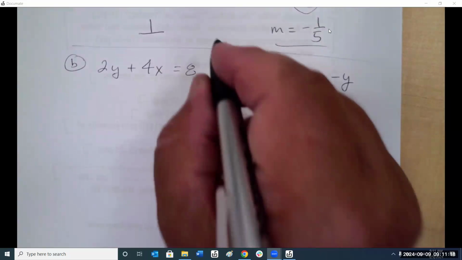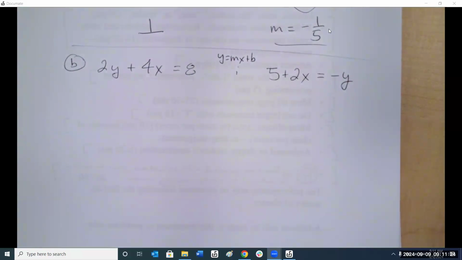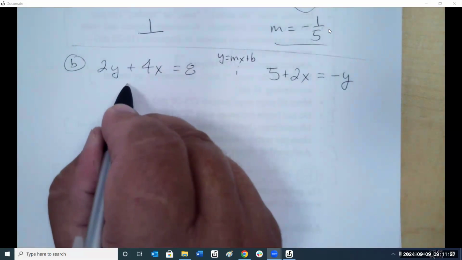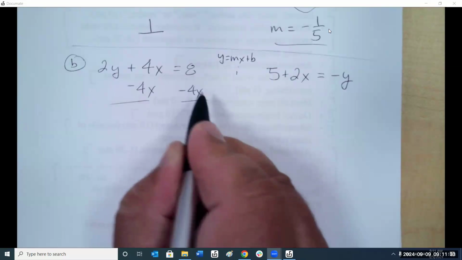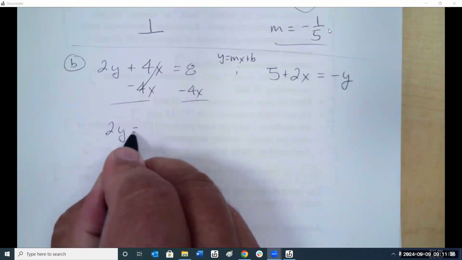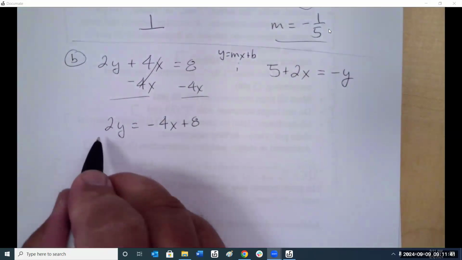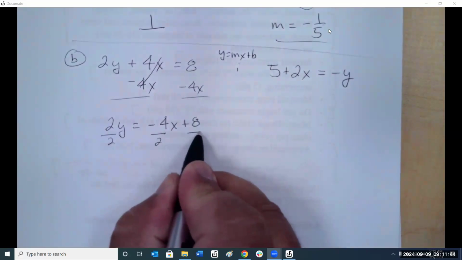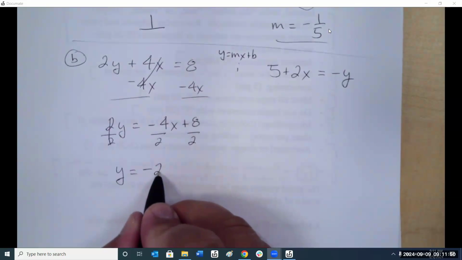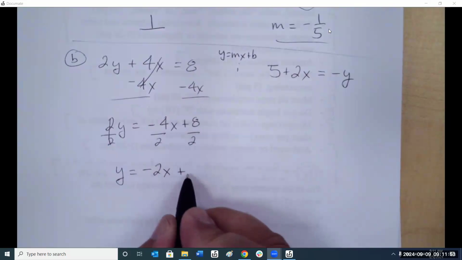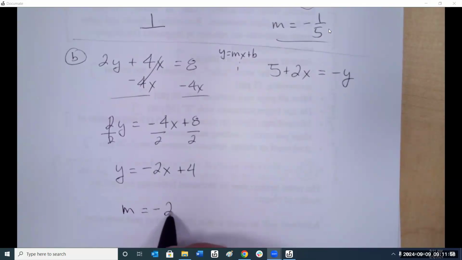No, we have to put it in this form. Right, we have to get rid of the 4x. So that's positive. We need minus 4x on both sides. So 2y equals negative 4x plus 8. Divide each term separately by 2. So negative 4 divided by 2 is negative 2, plus 8 divided by 2 is 4. So the slope of this one is negative 2.